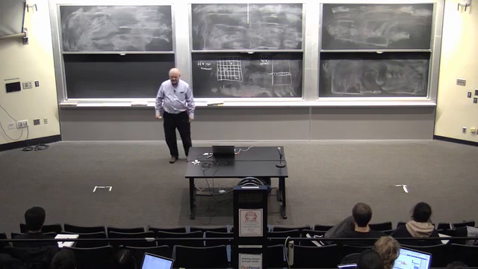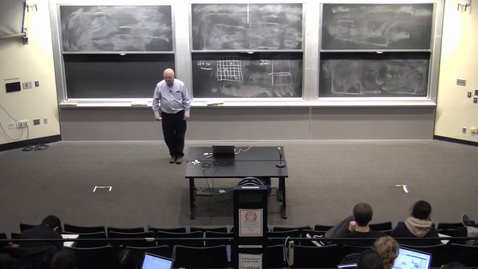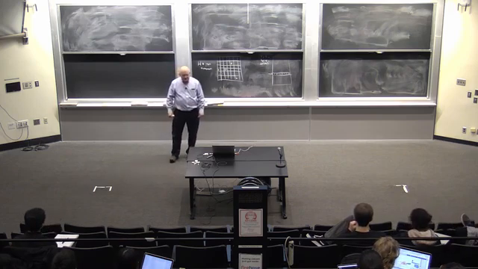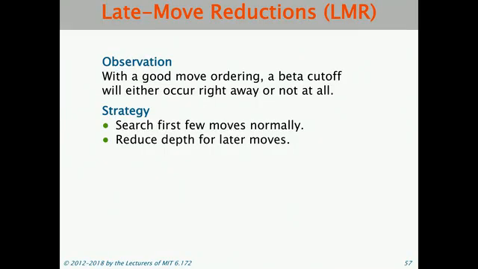And so the idea is, which are the moves that are more important to search deeper? The ones near the beginning of your move list, if it's sorted in best first order, or the ones towards the end of your move list? So where is it most important to search deeply? For things that you think are possibly the best move, or the ones that you think are the worst moves?